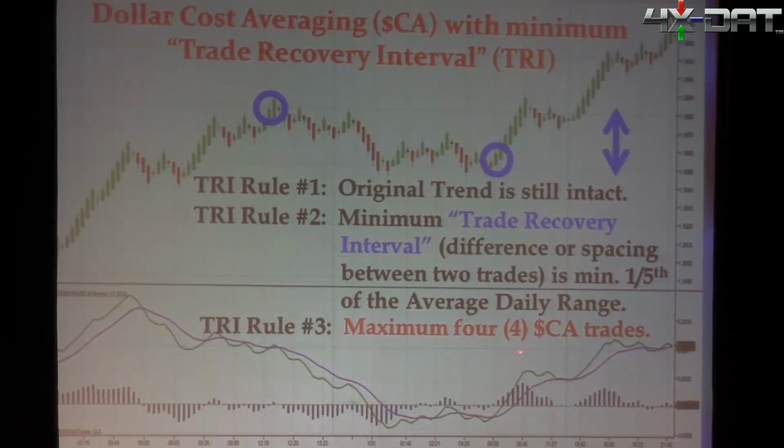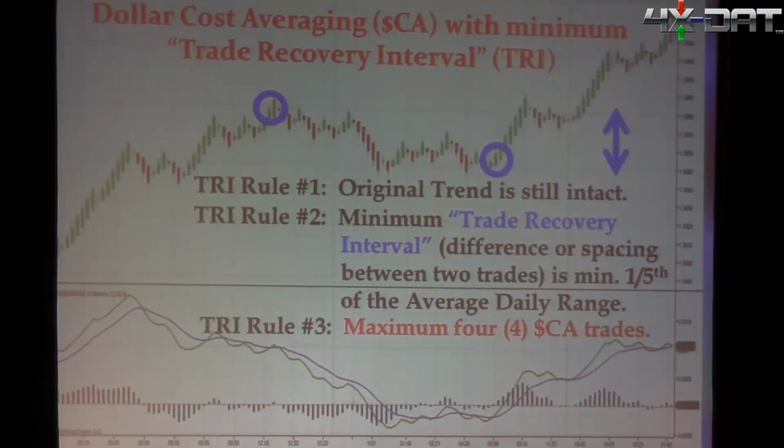And maximum 4 dollar cost averaging trades. Why maximum 4? Well, the first one is your original trade. That was 20% of your margin for the position. Not available, but allowable or allowed margin. And then you've got 4 other ones. And they're going to be spaced out at least the minimum throughout the entire average daily range of that currency pair, right?